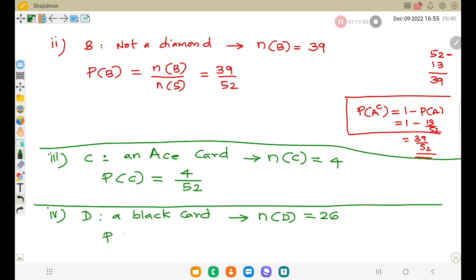So what is the probability of D? Probability of a black card equals number of D divided by number of S. So 26 divided by 52, correct? You can use simplification or a calculator. 26 divided by 52. Hope you understood this question, getting the different cases.